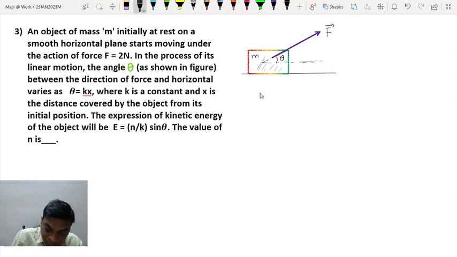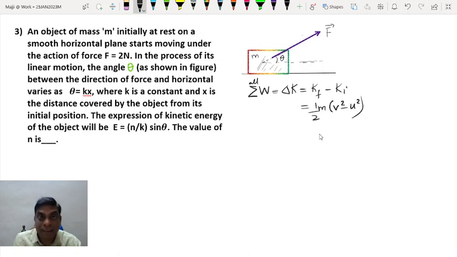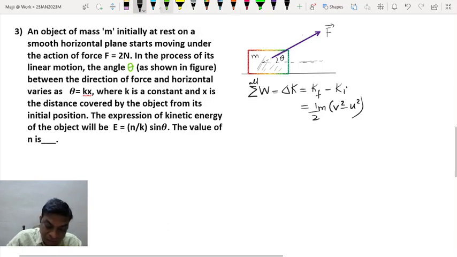So I write down work done by all the forces results in change in kinetic energy, which is final kinetic energy minus initial kinetic energy. If you take final speed as v and initial speed as u, then you can write this. So this is the work energy theorem. So the work energy theorem is applicable here.